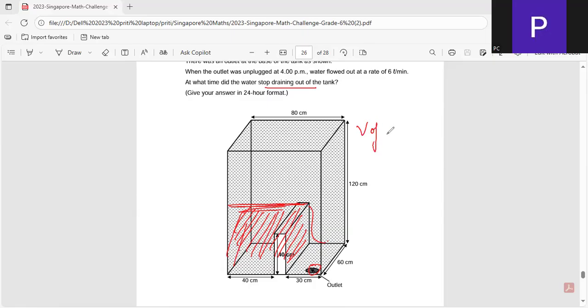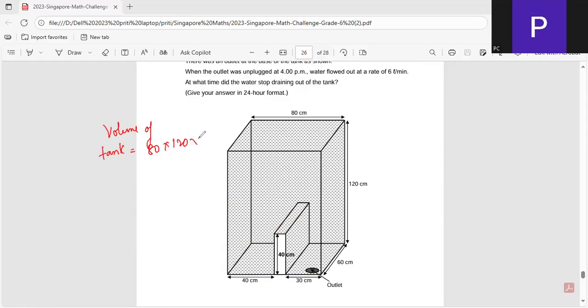So the volume of the tank, let us write properly, is 80 into 120 into 60, which is 576 centimeter cube. You can convert this into liters, so it is 576 liters, because they're asking 6 liters per minute. Now, what is the volume of the area covered by the partition? It is 40 plus 10, so this becomes 50.